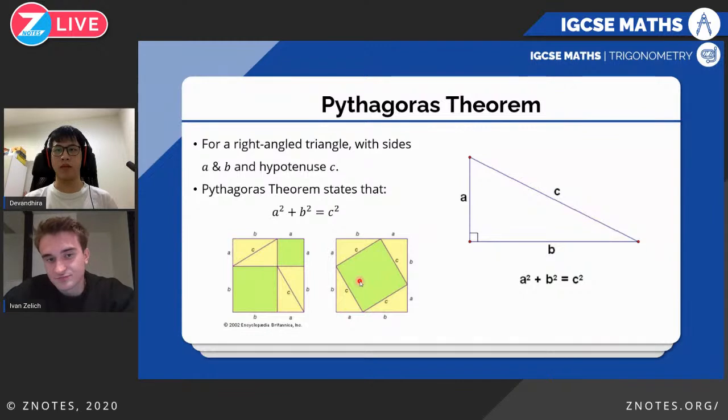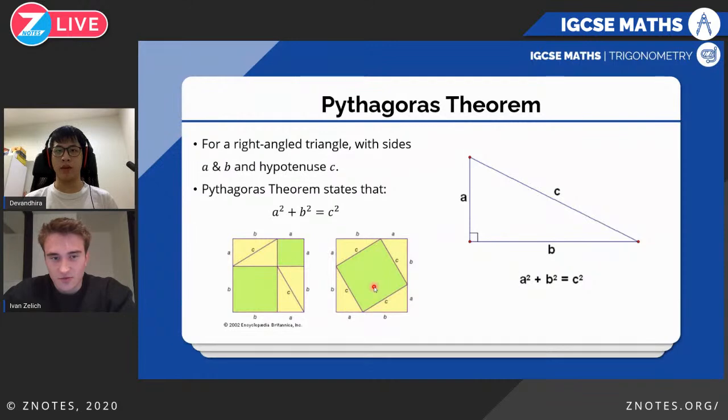But you can kind of understand why this would be, moving these triangles to fit it in. So this triangle is this one here, rotated, and they're all rotated around to make this square. We won't talk about that more, but that's an interesting proof of Pythagoras' theorem.